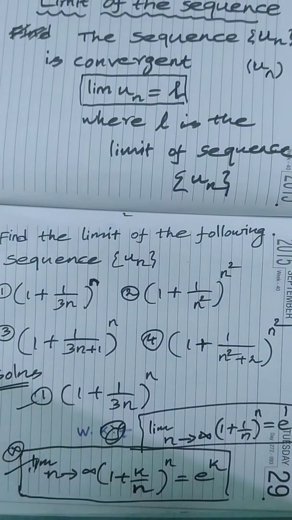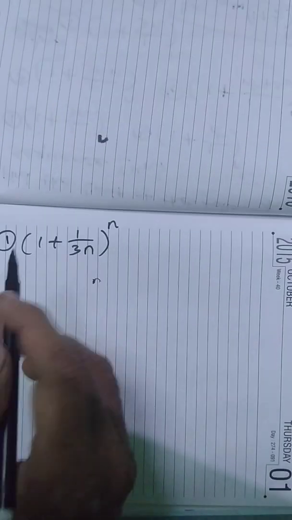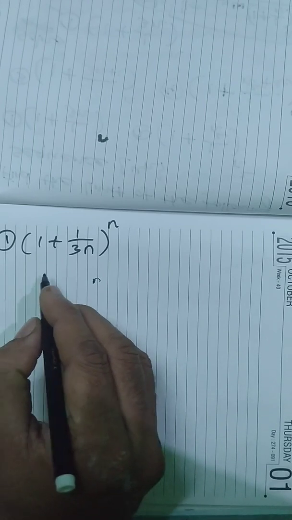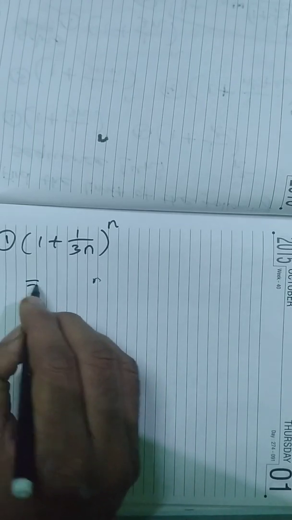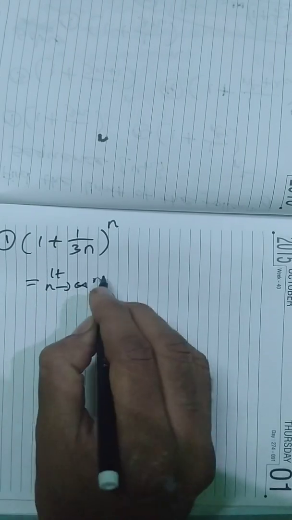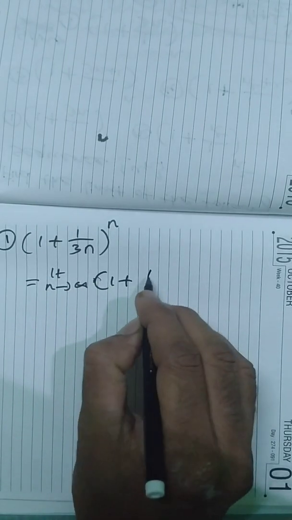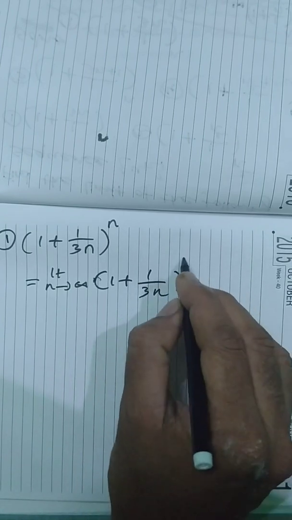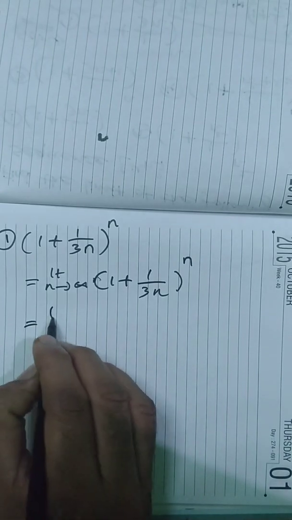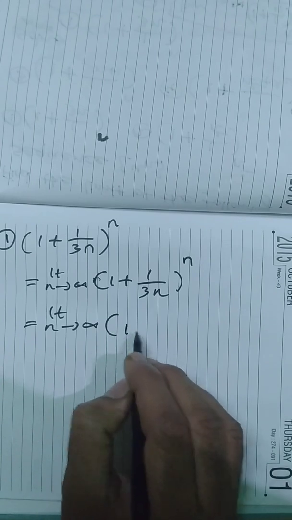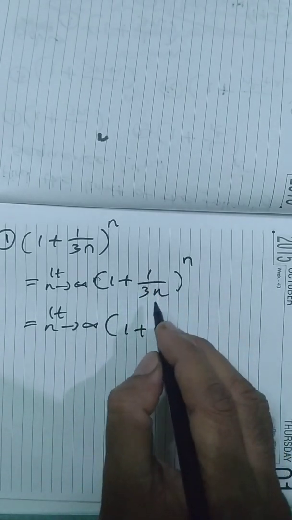So we are going to solve the first problem now. This is our first problem. Limit n tends to infinity of (1 plus 1 divided by 3n) whole power n, which is equal to limit n tends to infinity of 1 plus, I am going to adjust this term.